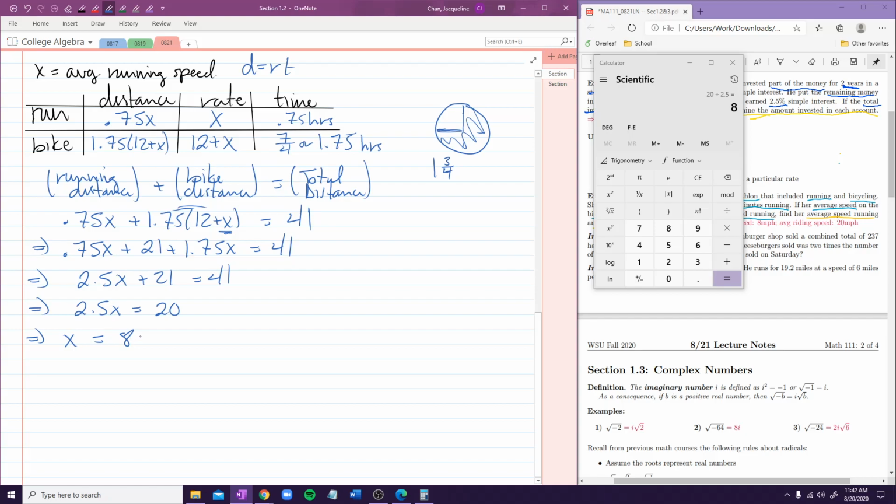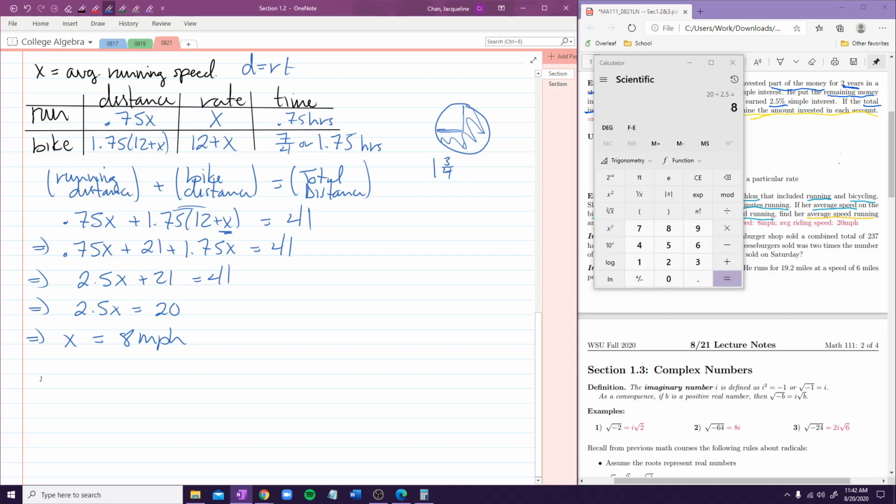So what does that mean? This means that her rate, since we have miles and hours, is going to be miles per hour. And for the bicycling, what is her rate? It's going to be 8 plus 12, which is 20.